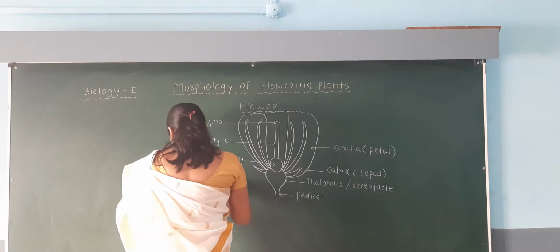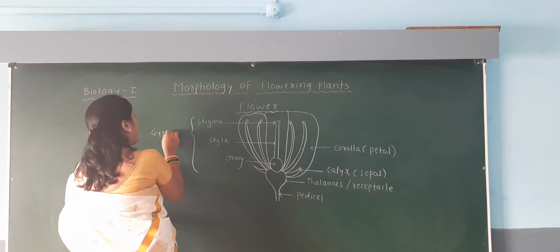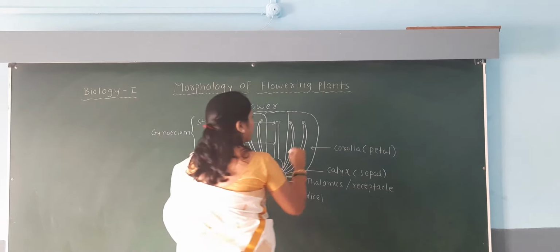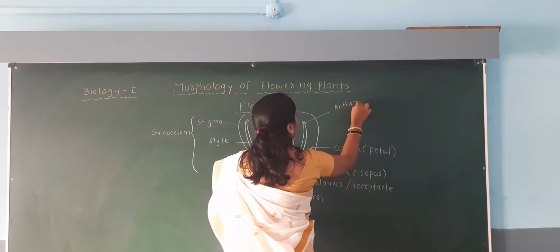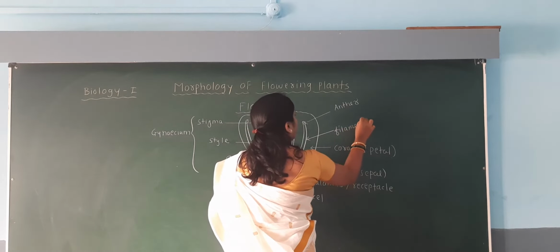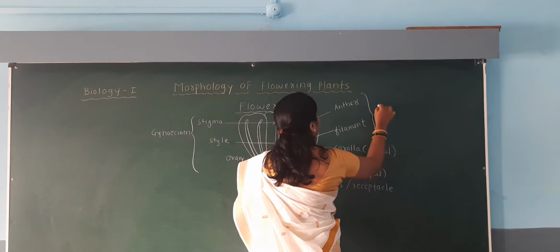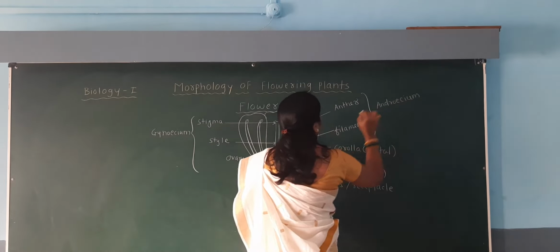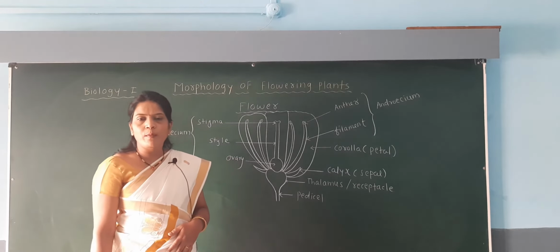So stigma, style and ovary together we call it a part of the gynoecium. This one is called anther. This is called filament, and this anther and filament together are called the Androecium. Okay students, clear about the diagram of the flower?